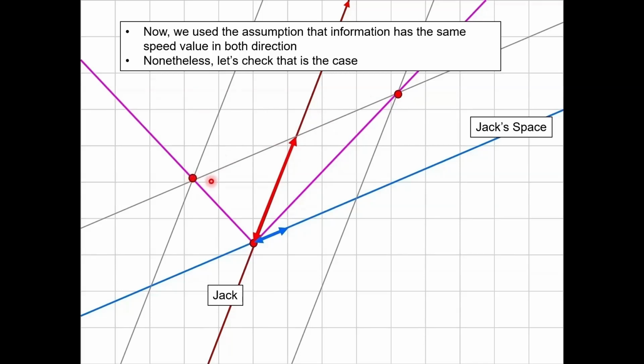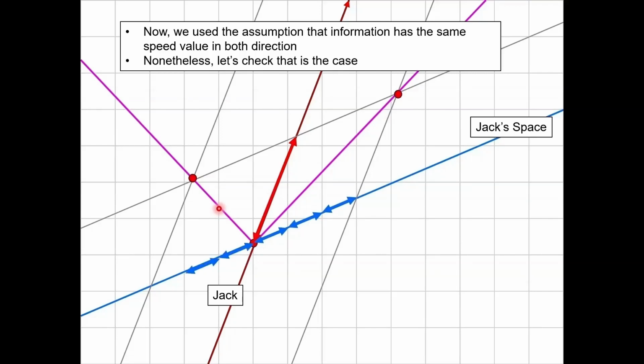Let's start by figuring out the speed of this information track. So it moved 3 units of distance in 1 unit of time, which means the speed, according to Jack, is 3 units of distance over 1 unit of time. Now let's check the speed of this information track.